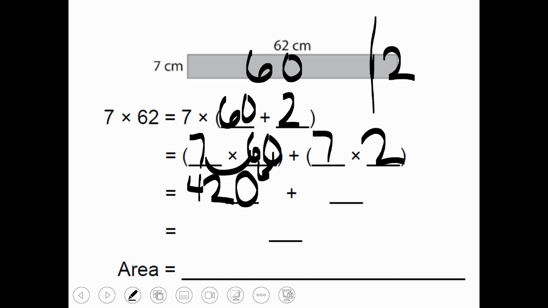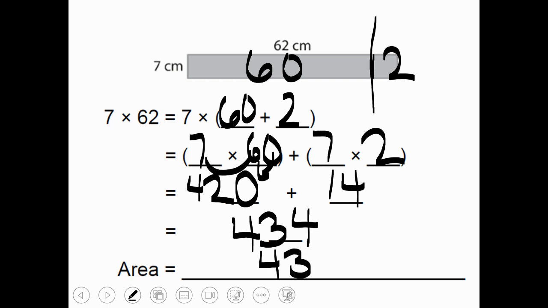So that would be 420. And then 7 times 2 is 14. Now I'm going to add them back together on my last step. So 420 plus 14, well, 0 plus 4 is 4. 1 plus 2 is 3. And then I just need to bring my 4, and I have 434. So the area here is 434.